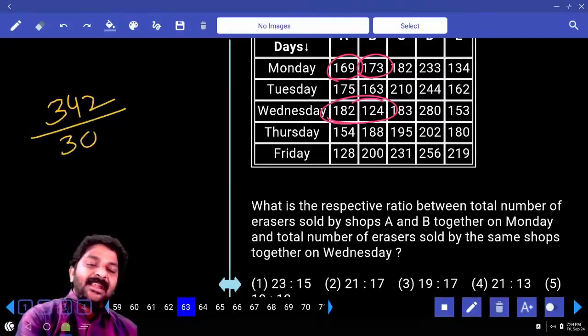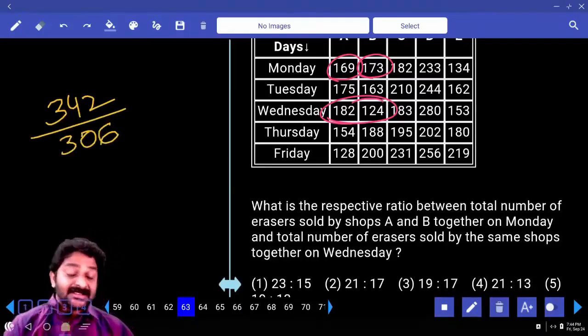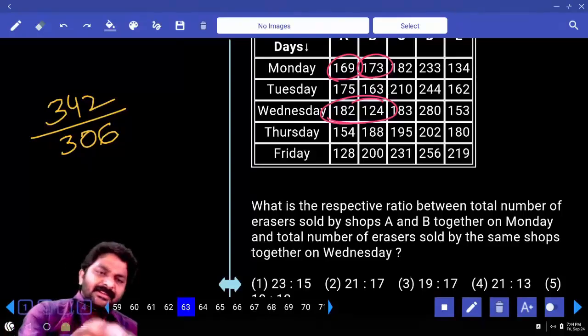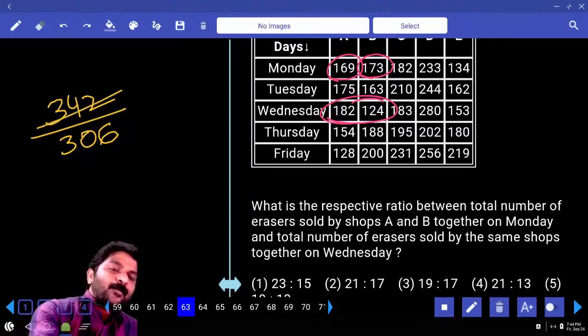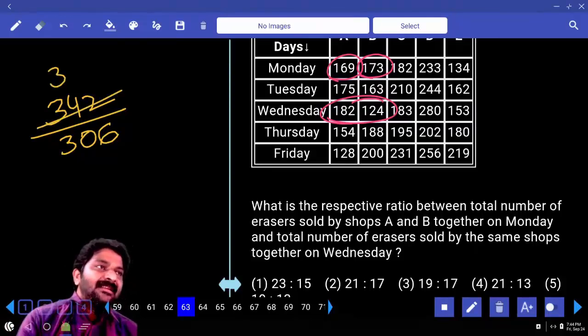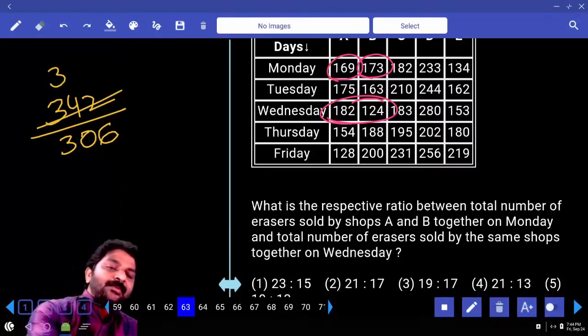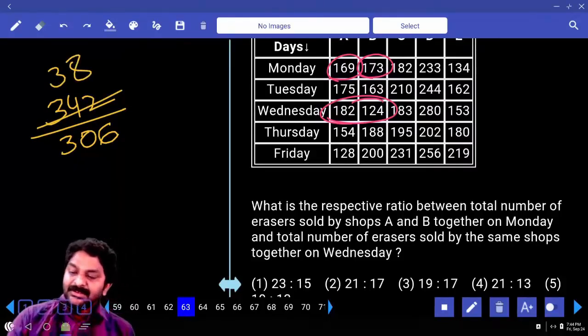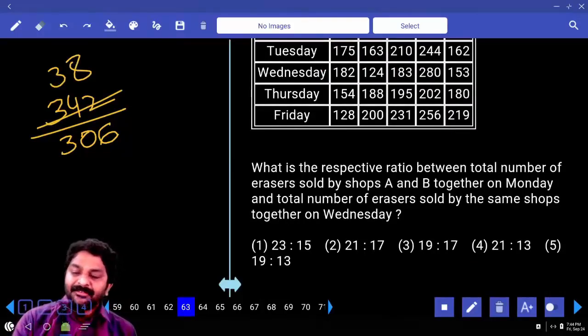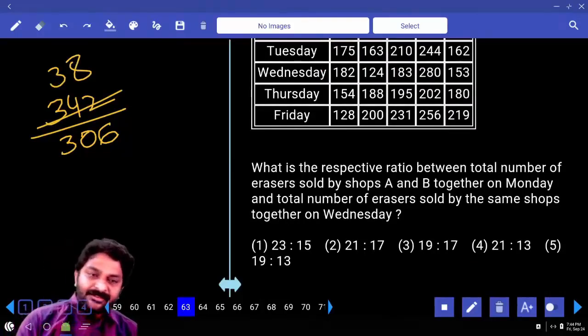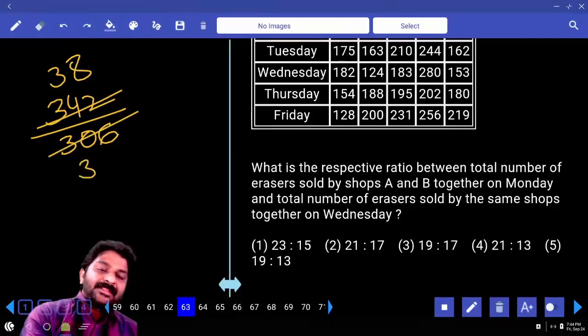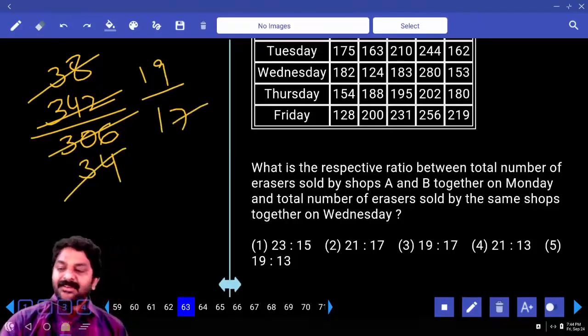That is 306. Cancellation now with 9 and 2, 18. We'll go with 9 first. 9, 3 times 27. 72, 8 times. So your answer should have either 38 or a factor of 38. 2 options are there, third and fifth. We have to calculate now. 3 times and then 4 times. Cancellation with 2. 19 and 17. 19 by 17, third option answer.